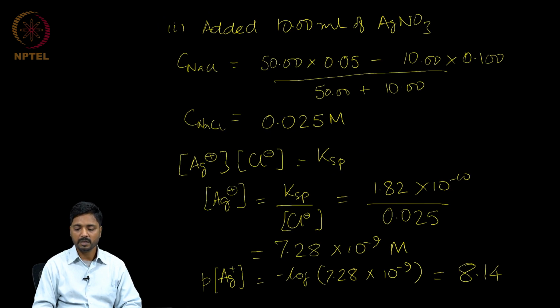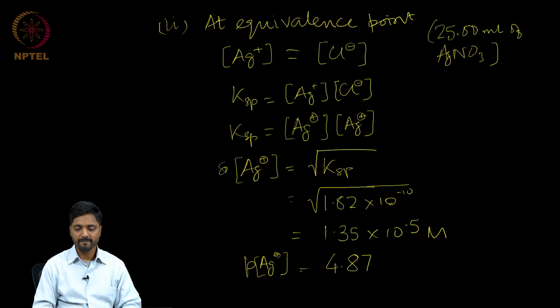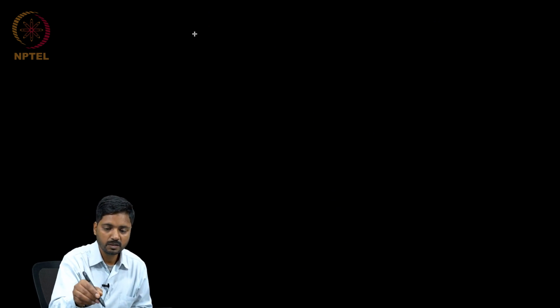However, till 10 ml of silver nitrate addition in the previous case, the pAg value was 8.14. So, we will see that as we keep adding more and more silver nitrate, the pAg value will undergo significant reduction. Let us see what is the pAg value beyond equivalence point.